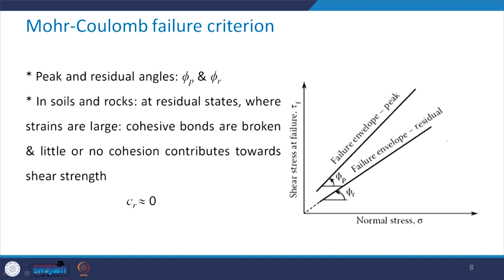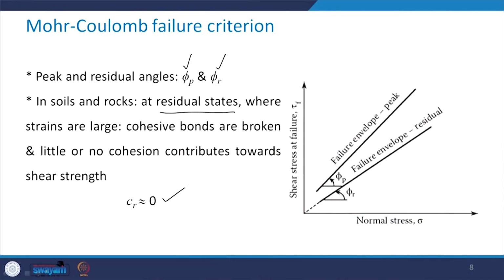Now, peak and residual angles, I mentioned that these are denoted by phi p and phi r respectively. In soils and rocks at the residual states where you have large strains, cohesive bonds are broken and therefore little or no cohesion contributes towards the shear strength. That is the reason that the cohesion at the residual condition is approximately equal to 0.